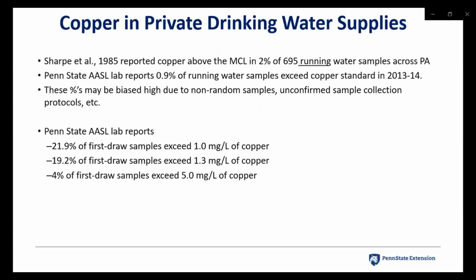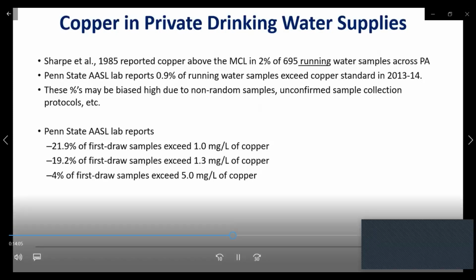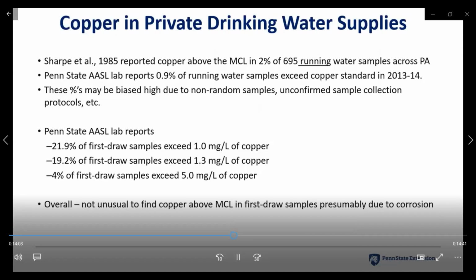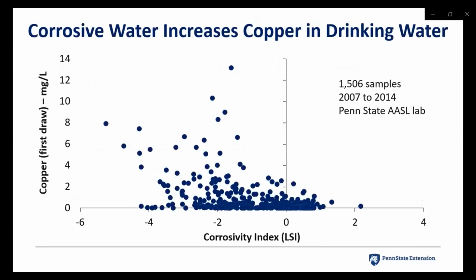And that's just a number that I put on here to show you that we do occasionally get some extraordinarily high copper concentrations. You would get very sick if you drank water with that much copper in it, and it probably would not taste very good either. So overall, it's not unusual to find copper above the MCL in first draw samples. Again, about 20% or so have high copper in the first draw. Less than 1%, though, probably occur in the running water.